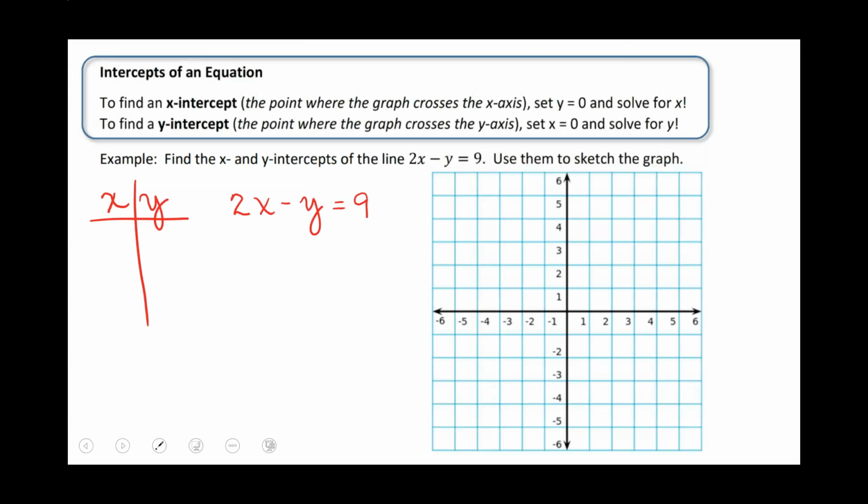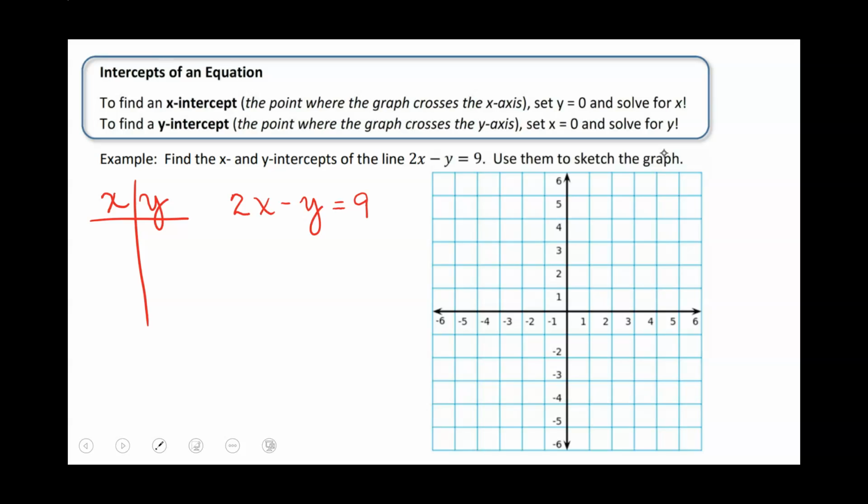All right, so we've looked at how you can graph the line by hand and how you can graph it on your calculator. If you think about it, how many points minimum do you have to graph a line? Just 2, right? So the 2 easiest points typically to plot are the x and the y-intercept.